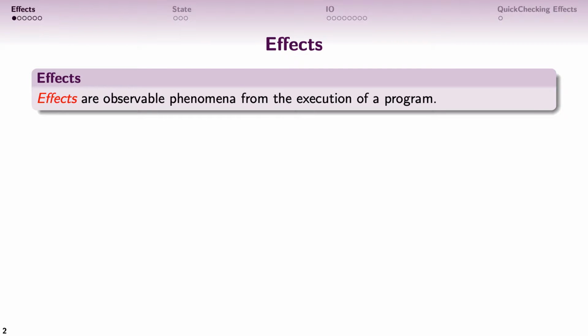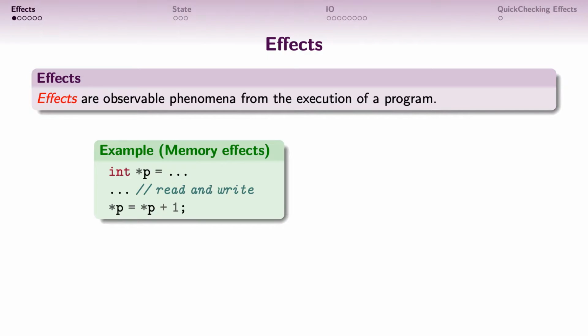For example, if you're looking at observable from the perspective of the user, then things like memory effects, where we read and write to memory, are not observable. But if we are looking at it from the perspective of a particular function, then that function may be able to observe memory effects, be able to determine if memory effects have occurred.